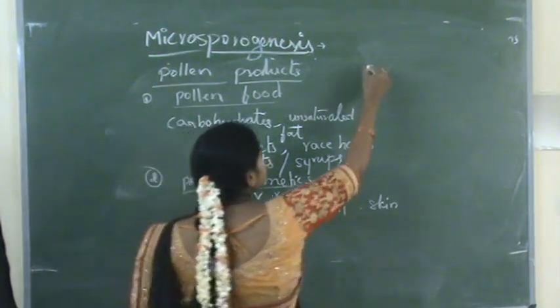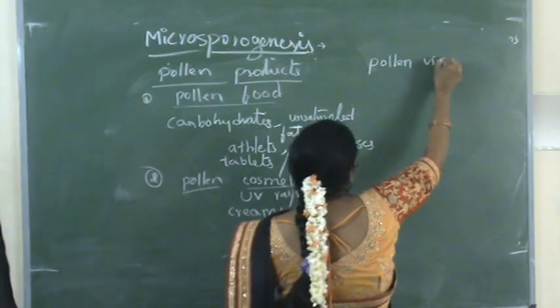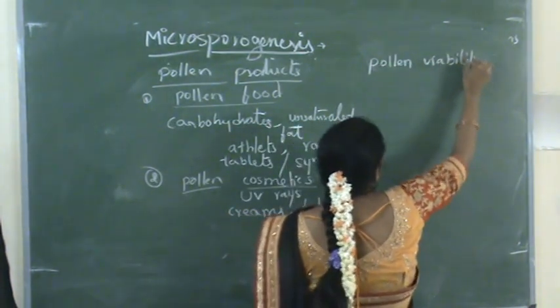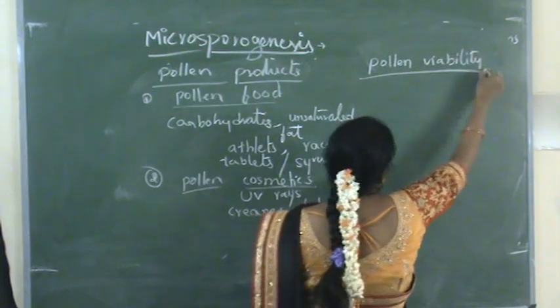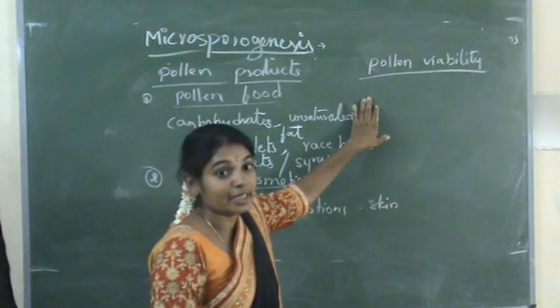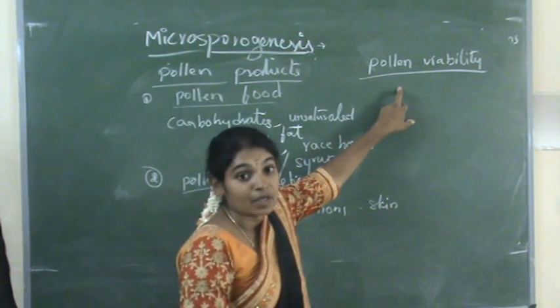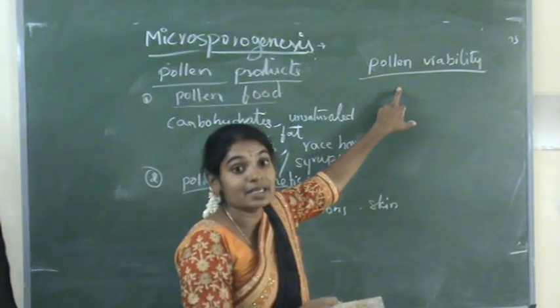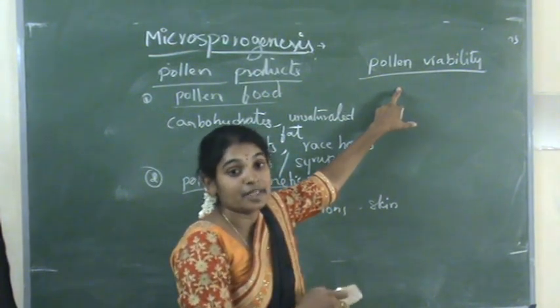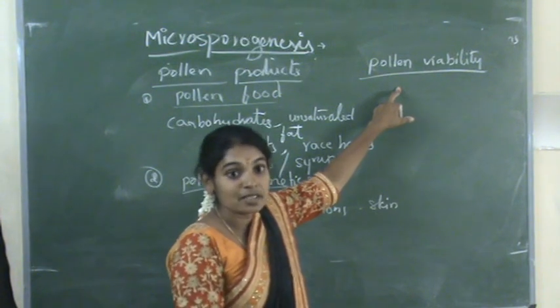So another one is pollen viability. What does pollen viability mean? The time period up to which the pollen grains are functional. Either it is 1 hour or 30 minutes or days or months.